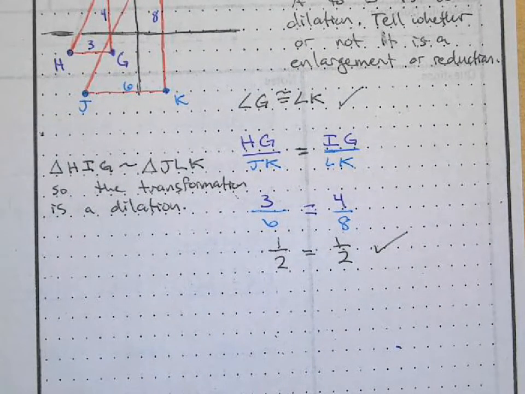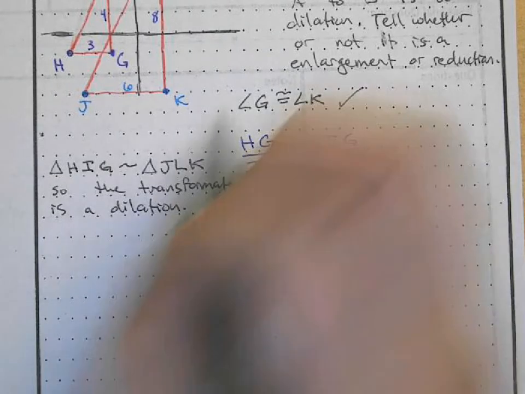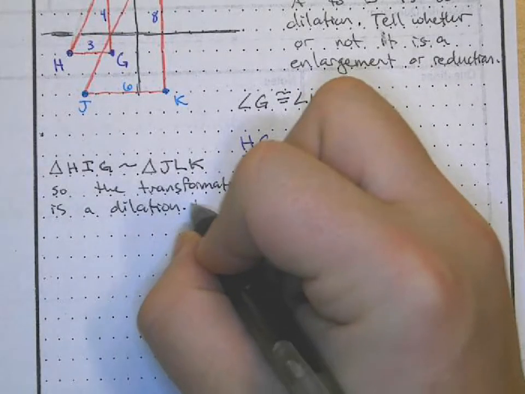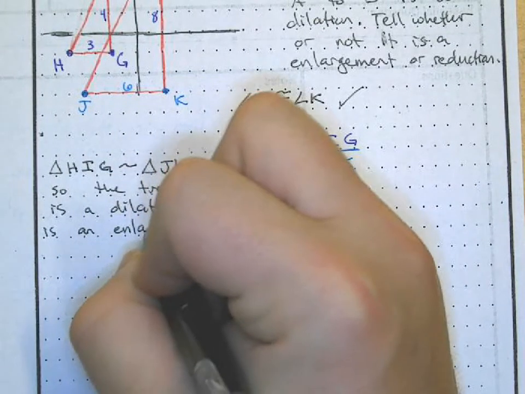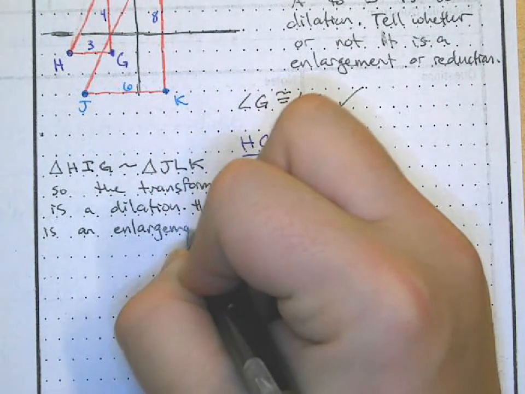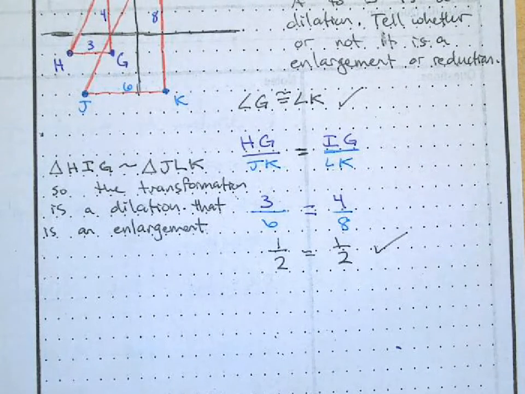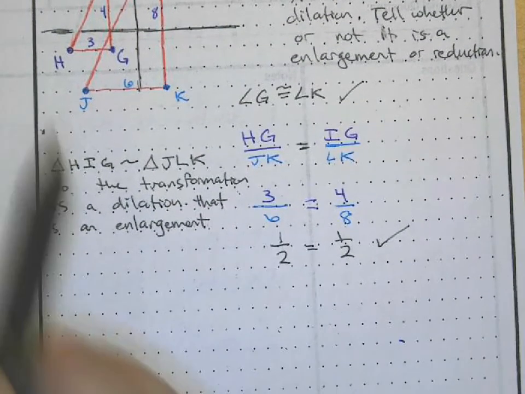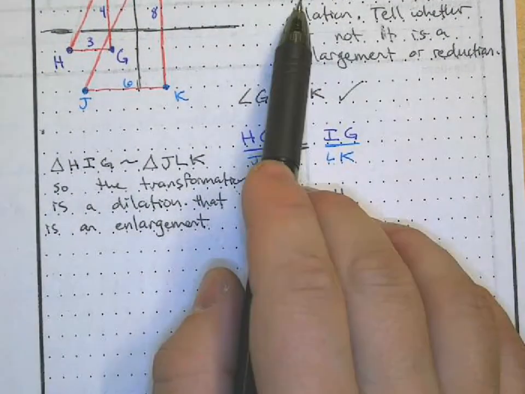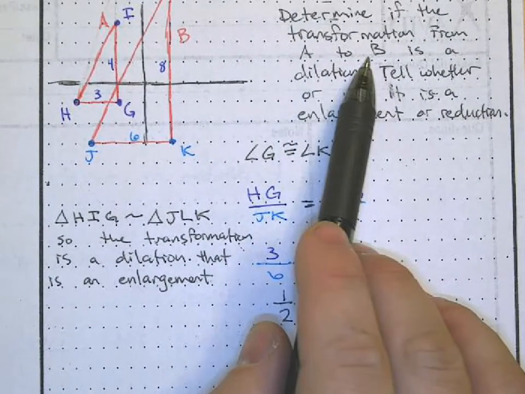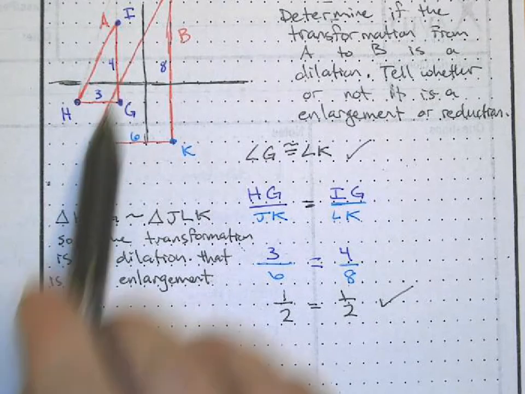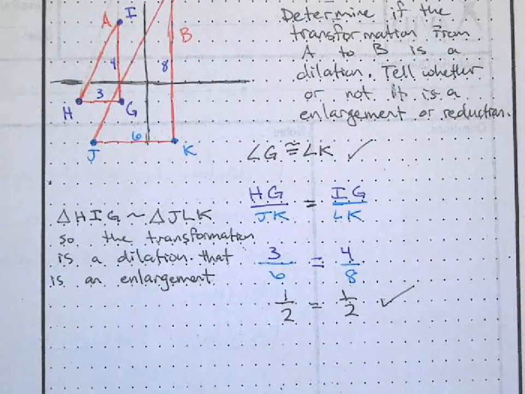Now we have to tell if it's an enlargement or reduction. And it's an enlargement because I'm going from A to B. I'm transforming from A to B. So my first image is enlarging to my second image.